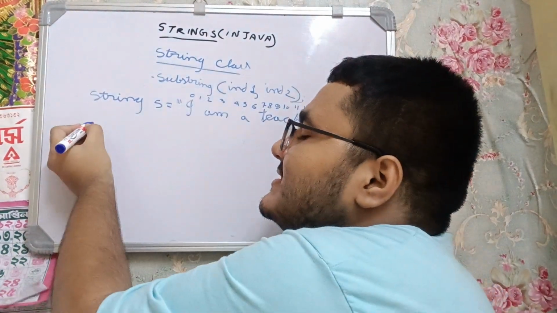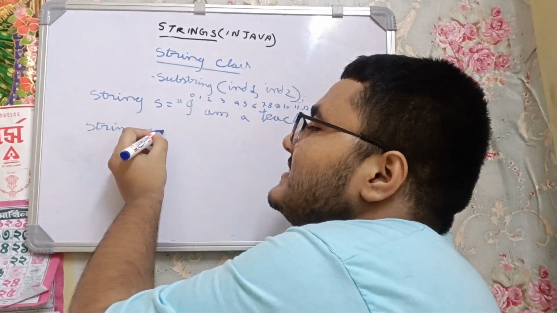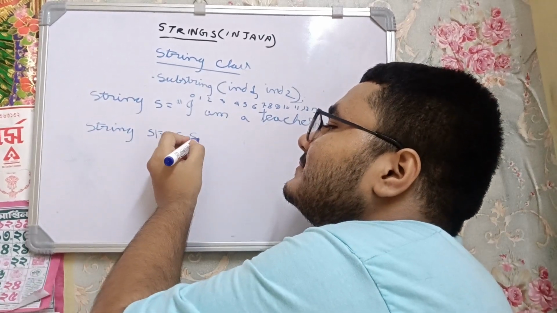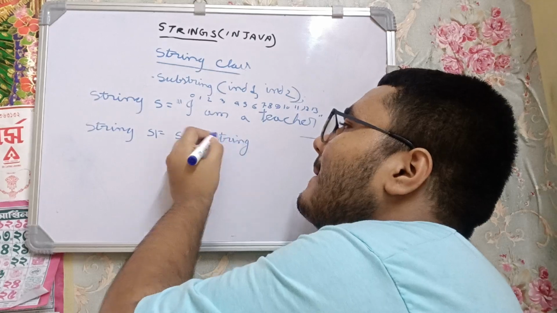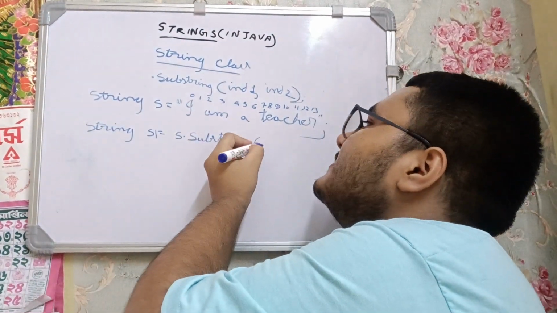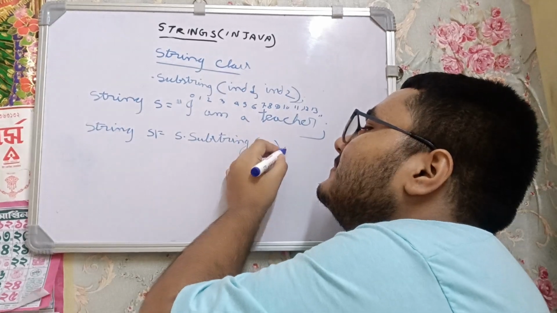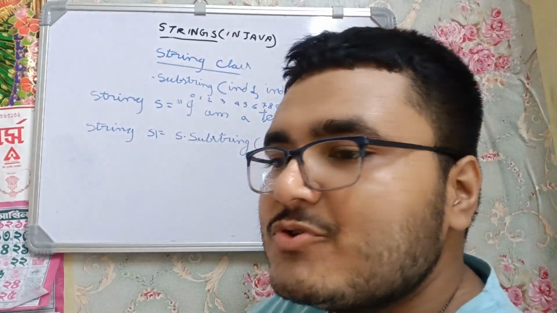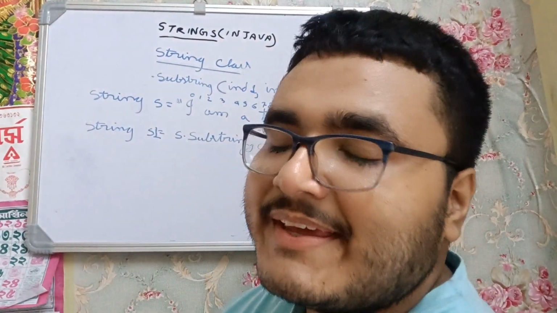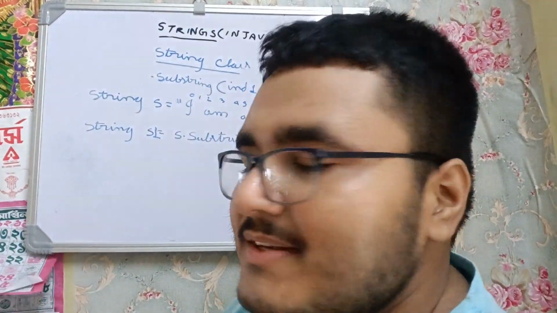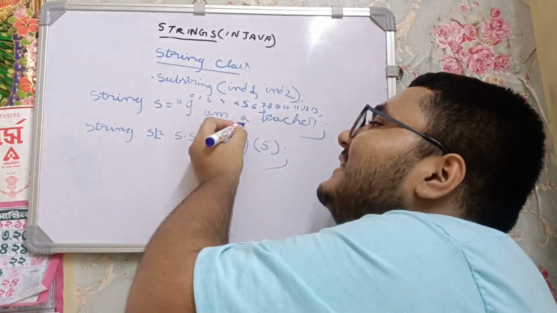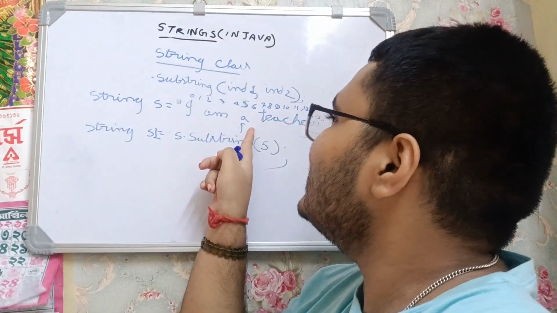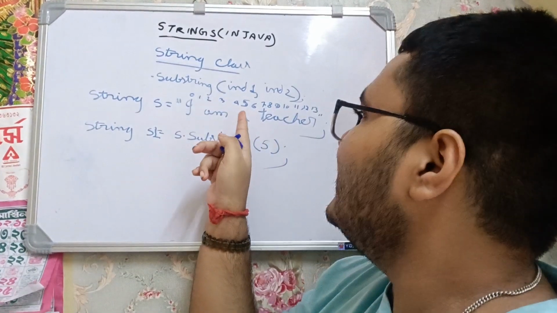If I am writing string s1 is equal to s dot substring 5, that means it will point at index 5, and it will return the entire string up to the end, continuing from index 5.